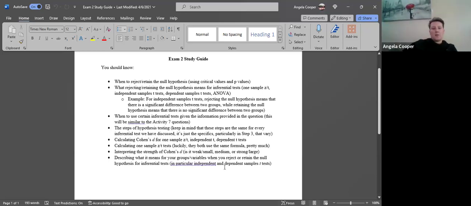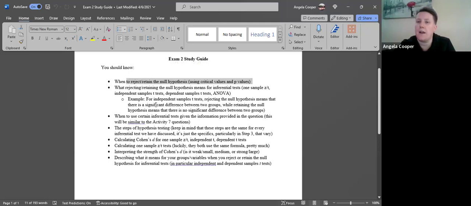As far as calculations are concerned, for the independent samples t-test or dependent, I won't have you do that for the exam. It'll be more about interpreting it. So I might say an independent samples t-test was calculated and you had a critical value of 2 and your t statistic was -1. Are you going to reject or retain the null? You make that decision.